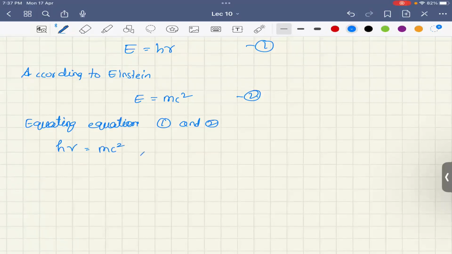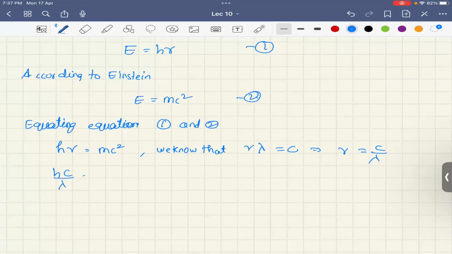But we know nu into lambda is nothing but c, right? This is frequency, that means frequency is nothing but c by lambda. Hence we put h c by lambda is equal to m c square, right?